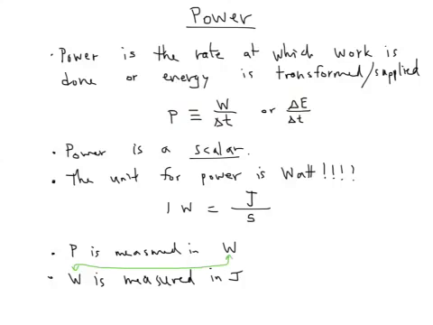One W stands for work, and the other W stands for the watt. But work is not measured in watts. Work is measured in joules. Power is measured in watts. So this is just something to be careful of. When you write the W down, keep in mind it can mean 2 different things, and you alone have to be the one to recall what it means based on the context that you're using.